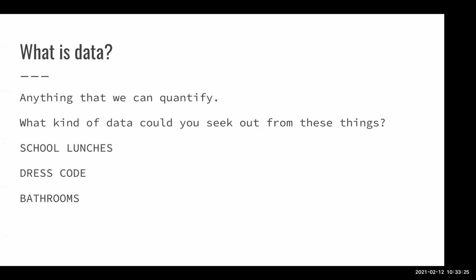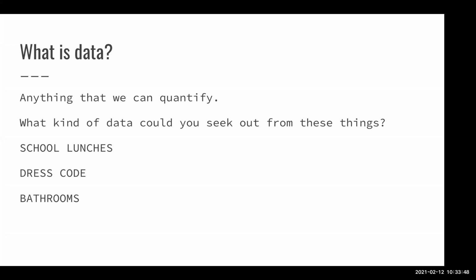And what do I mean by that? Think of some things that you could do in your own high school, assuming most of you are high schoolers, that could add a little bit of oomph to your stories. Some kind of numerical components, maybe. For school lunches, a number of things.